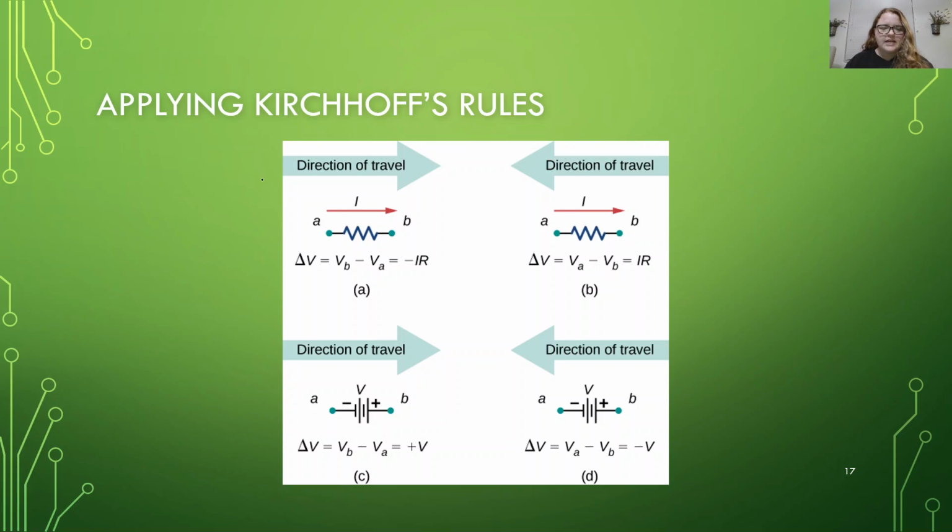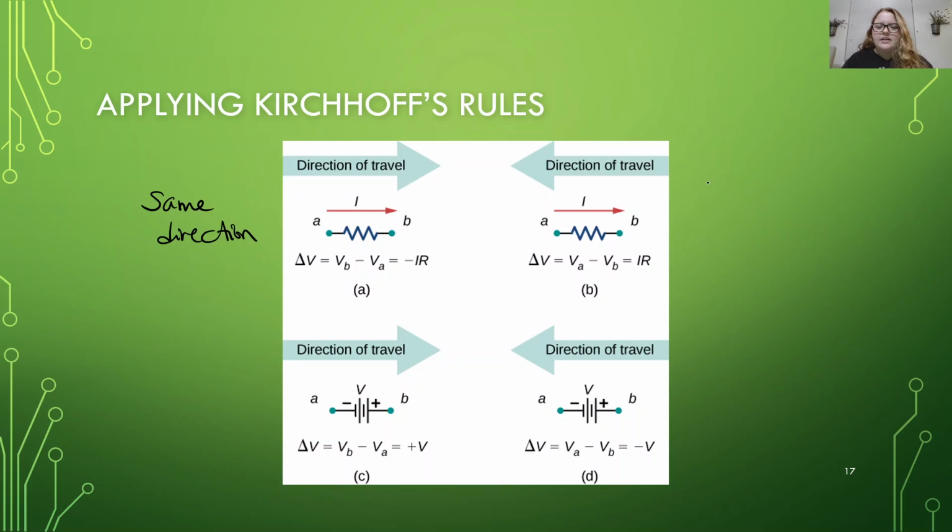So in the same direction, we have a direction of travel of, say, electrons traveling in this positive x direction. The current is also traveling in the same direction, positive x, say. We will have a voltage drop, so a negative IR, okay? Same thing here. We have direction of travel, positive x direction, and our current would be flowing from the negative to the positive here, and so we'd have a positive voltage.